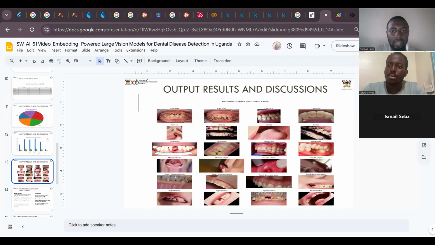Let's look at some sample images in each class for the tooth diseases that we got. You can see these are some images for calculus. This is the row for calculus. Then there is this other case, hypodontia. These are the images, and many others there.